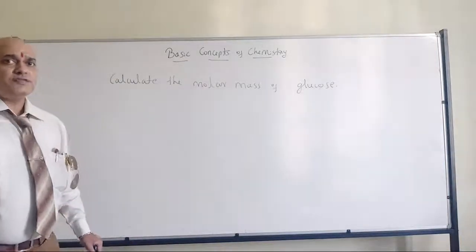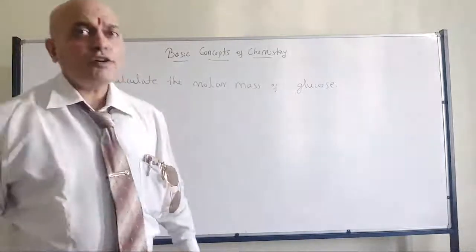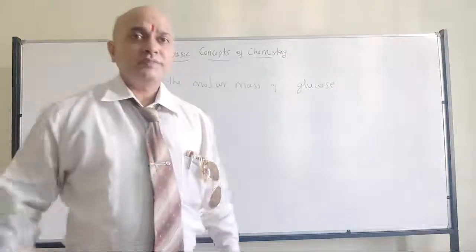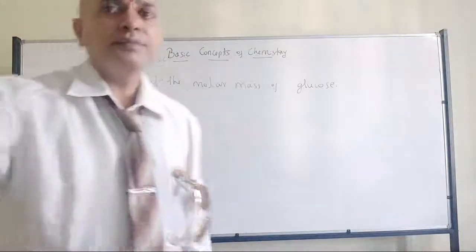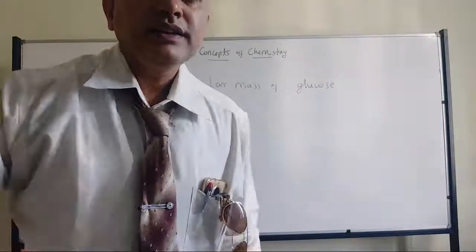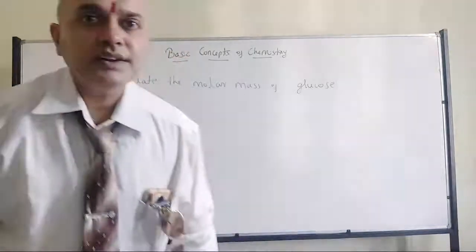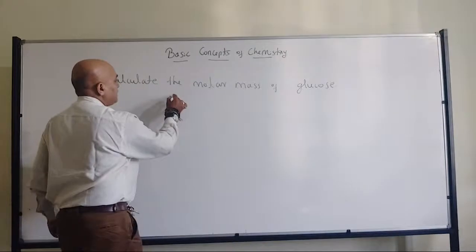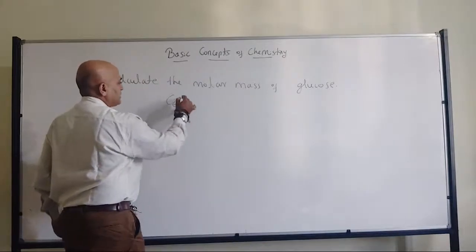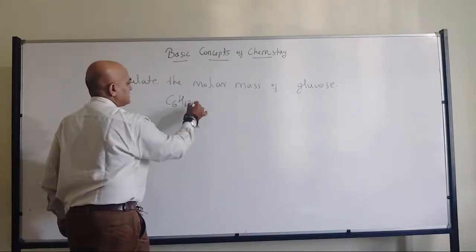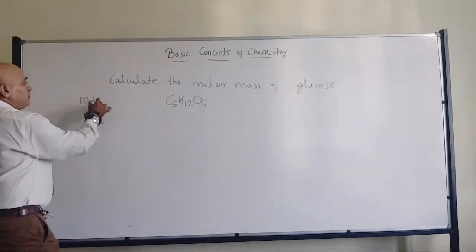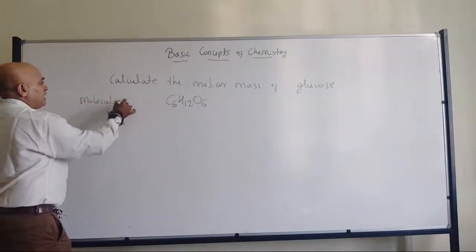First you should write the formula. Shall I write the formula, or any one of you know what is the formula for glucose? Can you write it? Yes, it is C6H12O6. So this is the molecular formula of glucose.